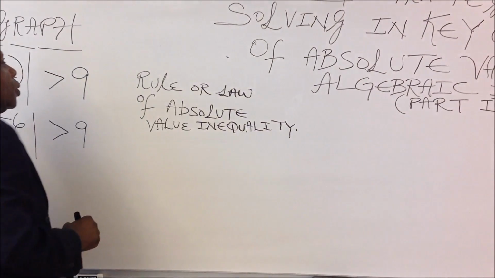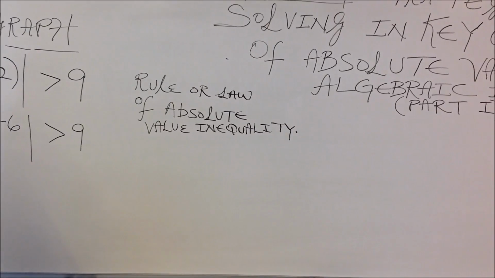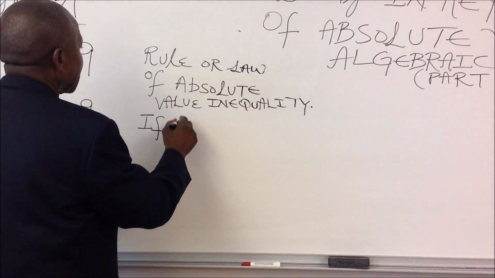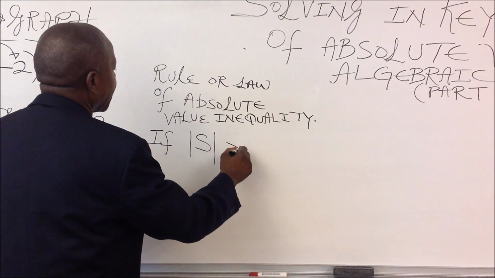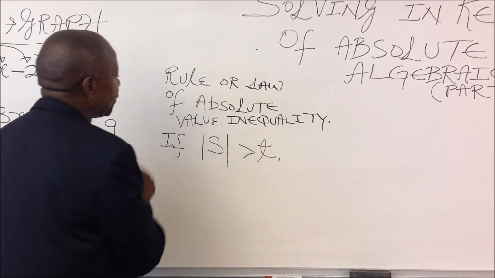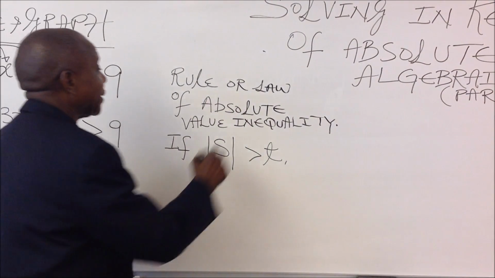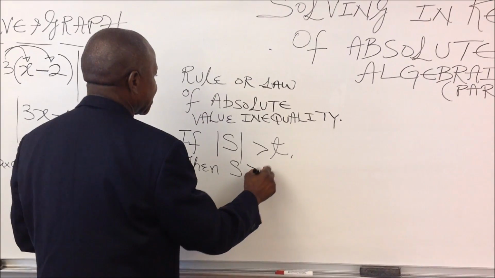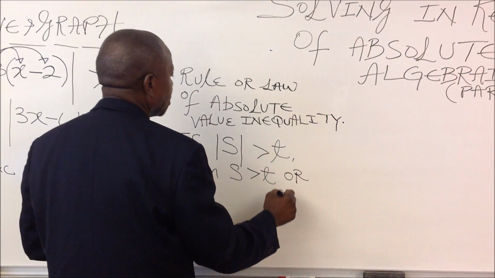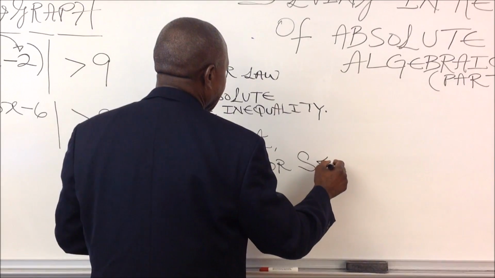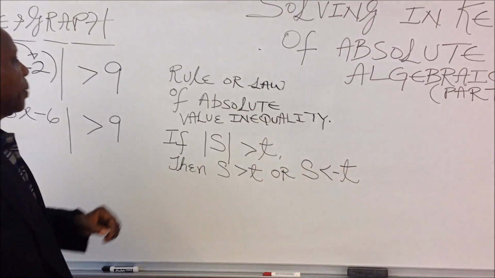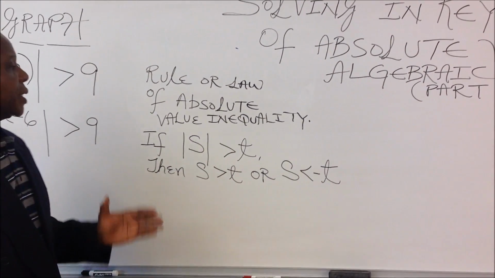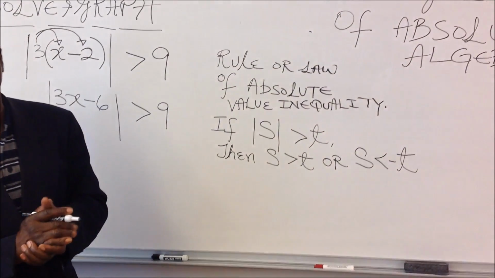What does this law or rule say? It says that if the absolute value of S is greater than T, then S is greater than T, or S is less than negative T, where S is a real number on the number line and T is a real number on the number line.